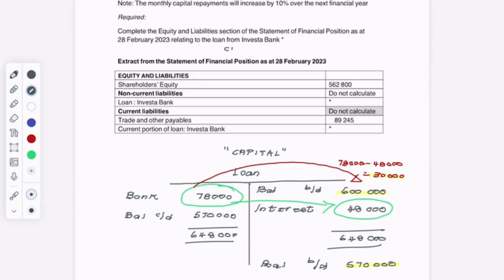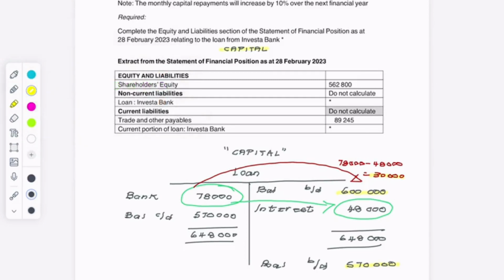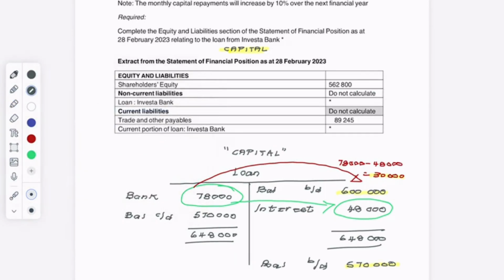We only ever put in the capital amount of that loan. And I'm going to highlight that because that is important. So now we can answer our question. Our balance of the loan is 570,000.